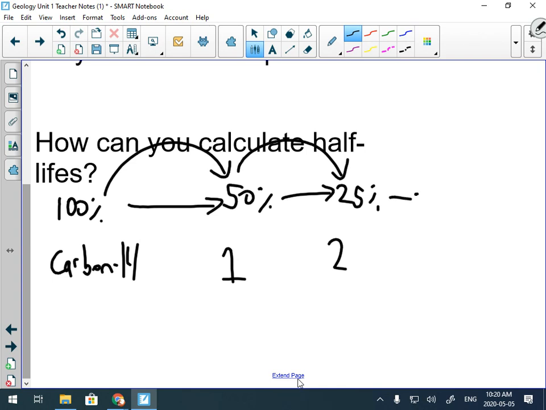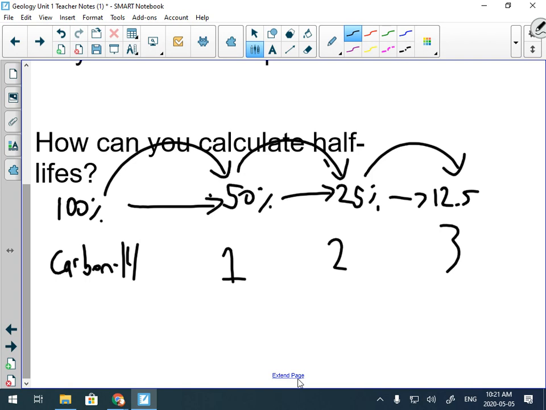And then what's half of 25? It's like 12.5%. That's another half-life, or three half-lives total. So if you go from 100% carbon-14 to 12.5% carbon-14, that is 1, 2, 3 half-lives.